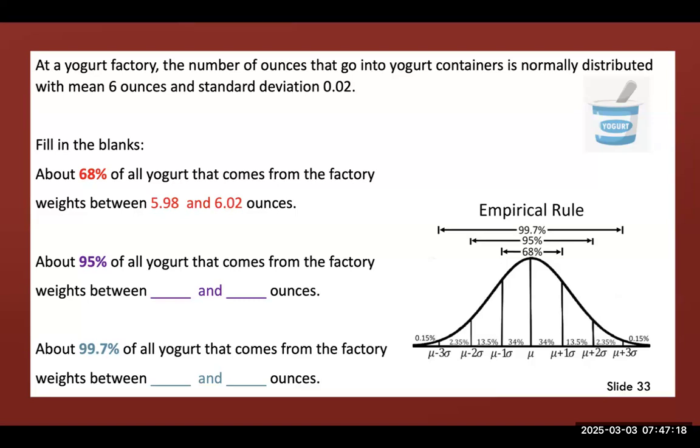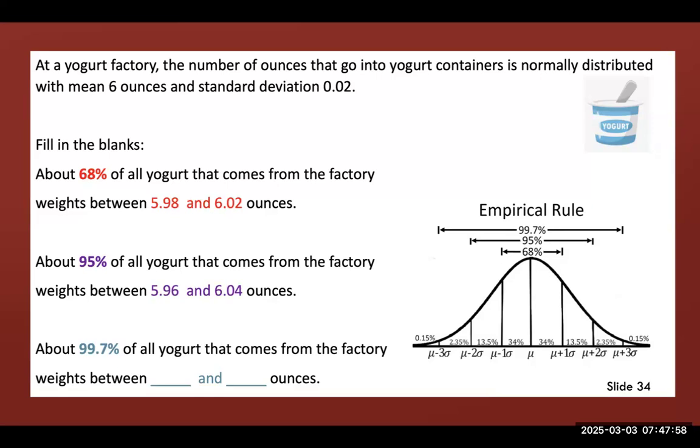Now, if we take 6 and subtract 0.02 twice, we will get 5.96. If we take 6 and add 0.02 twice, we'll get 6.04. So 95% of all yogurt that comes from the factory will weigh between 5.96 and 6.04 ounces. That's a range of 2 standard deviations away from the mean. One more time, we subtract another standard deviation and add another standard deviation.